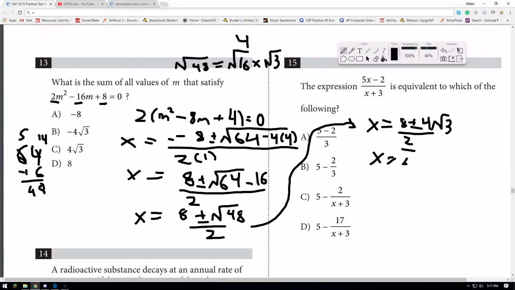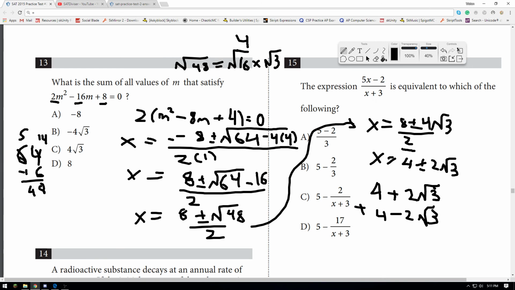So that's going to be 4 plus or minus 2 root 3, because 4 divided by 2 is 2. So what is the sum of all the values? Well, the values that satisfy this are 4 plus 2 root 3 and then 4 minus 2 root 3.